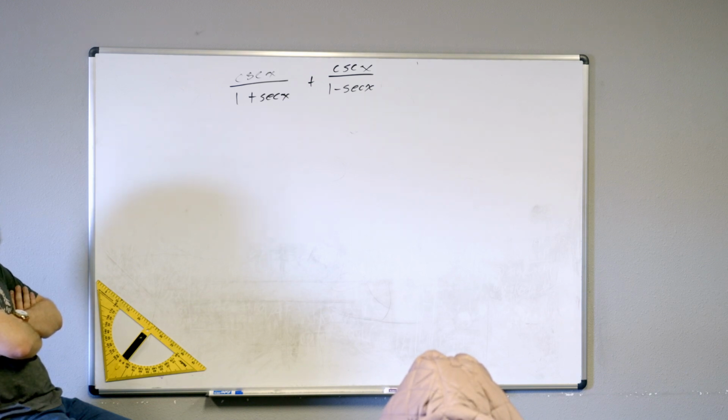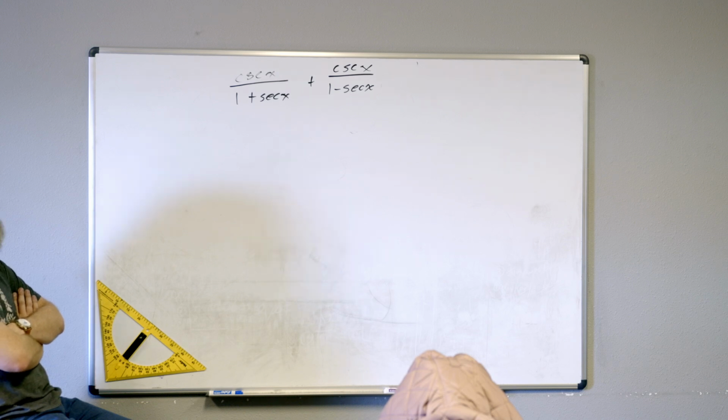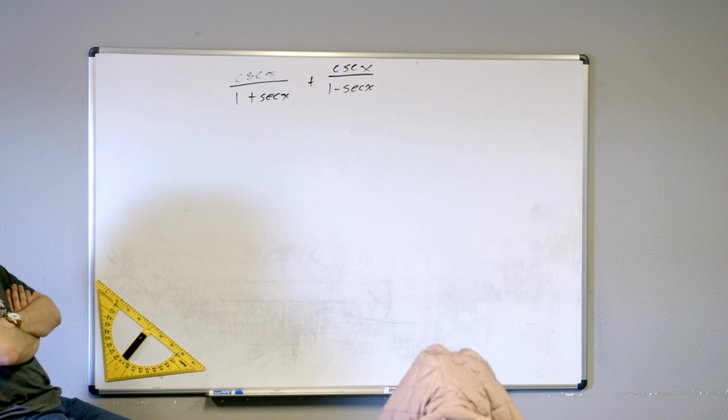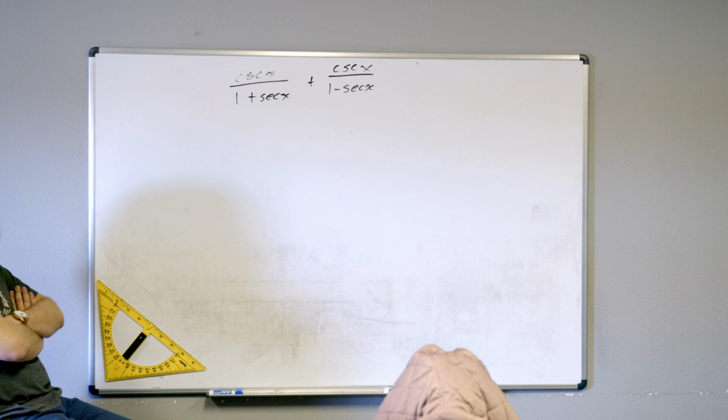So we've got two fractions that are added. We need to add them together. Go cross multiply? No, this is not a proportion. We're not going to cross multiply, but we are going to get a common denominator.